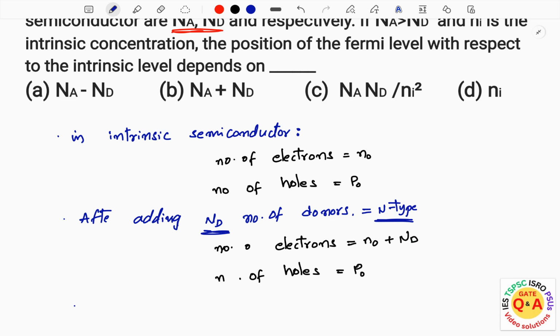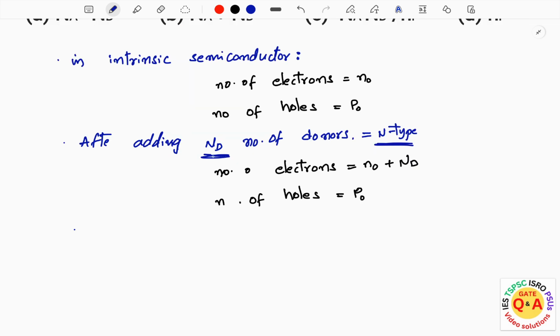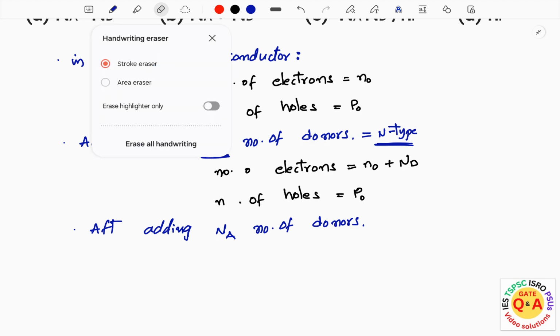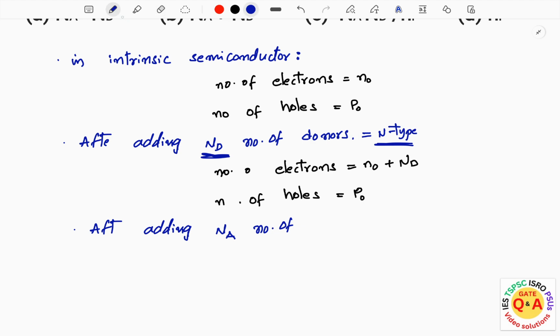Now after adding Nd, we are adding the Na, the acceptors, not the donors. Then the number of electrons stays the same, N0 plus Nd as in the previous case.